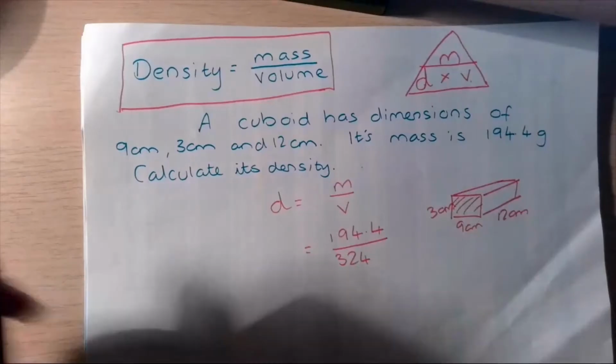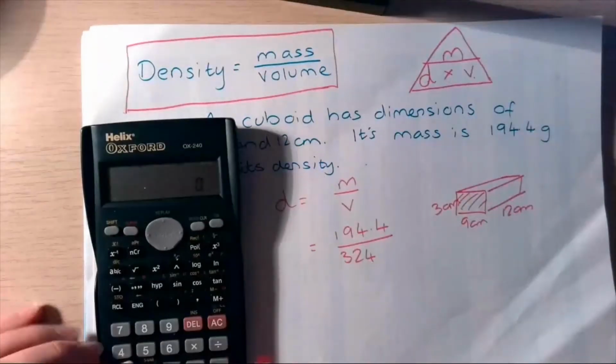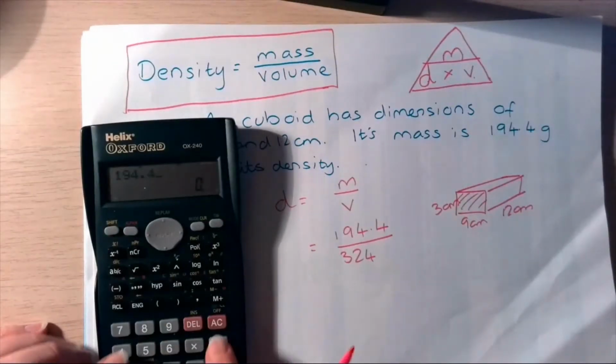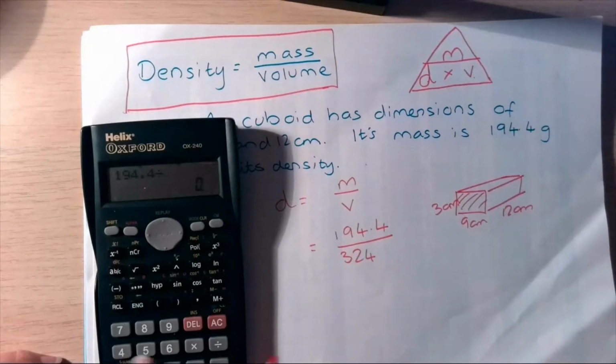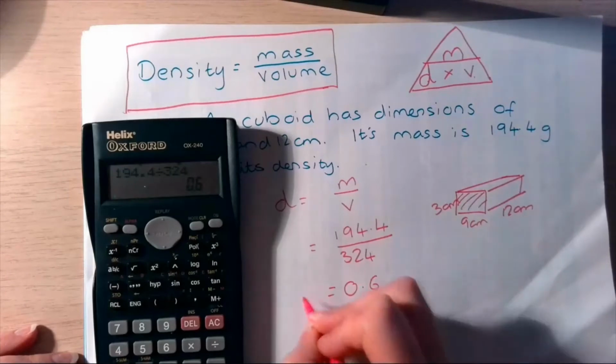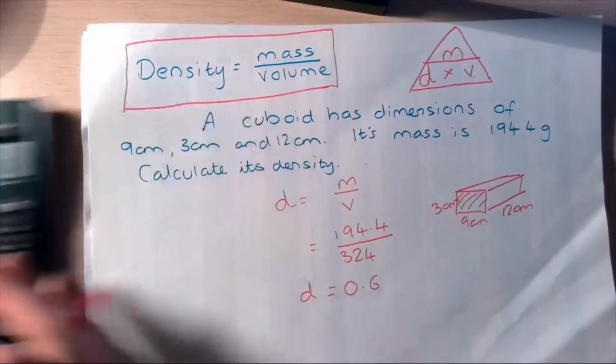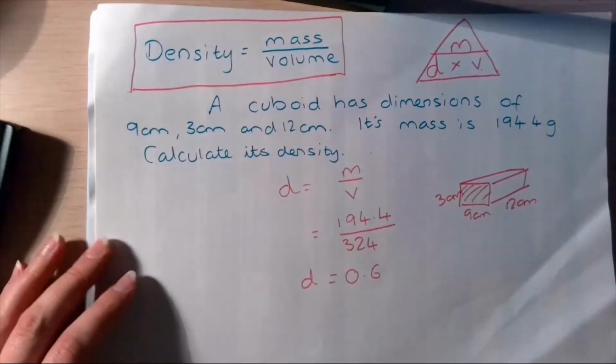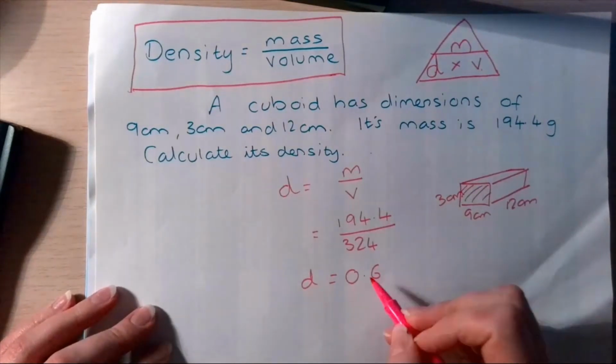So we calculate that, and that should give us our density. We get 194.4 divided by 324, which is 0.6. Now then, units, and this is why this comes under the heading of compound measures. Our units are whatever we've put in.